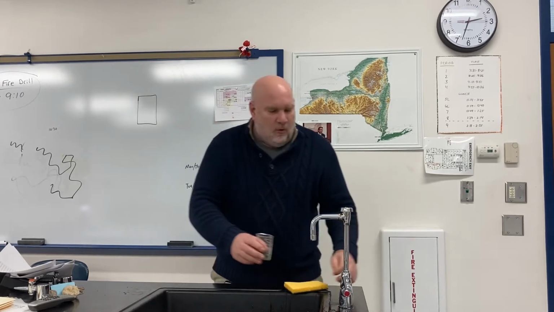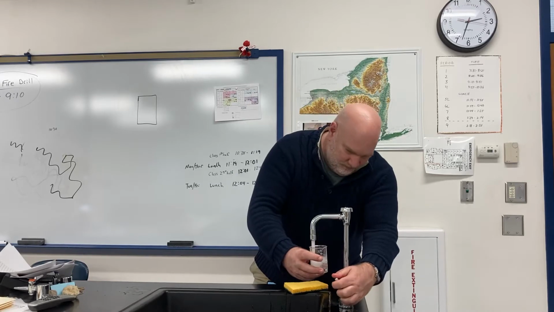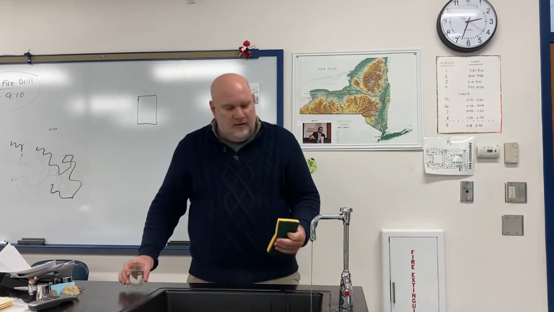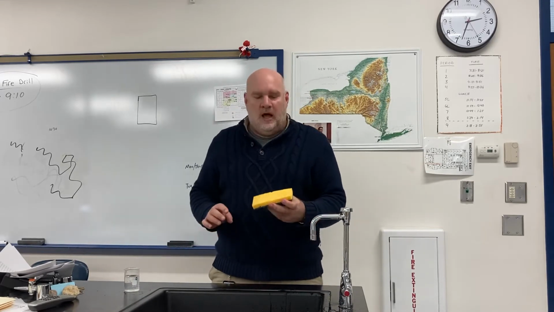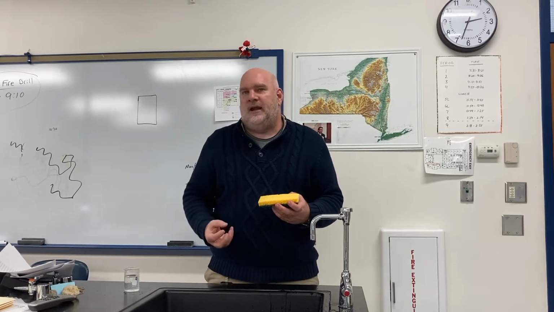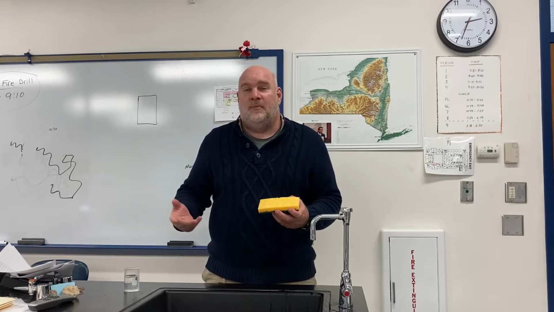Now, same amount of water, but instead of pouring it slowly on the sponge, I'm going to pour it more quickly. That would represent the type of rain you'd get with a thunderstorm. A thunderstorm is a very heavy rain, usually for a shorter amount of time.